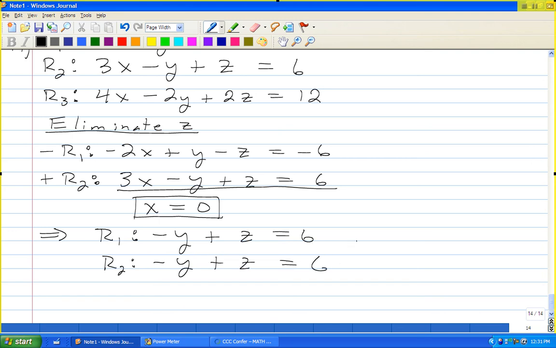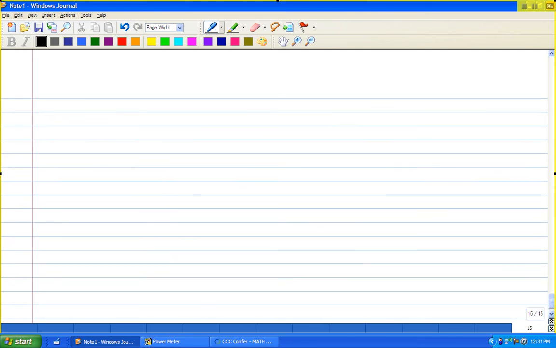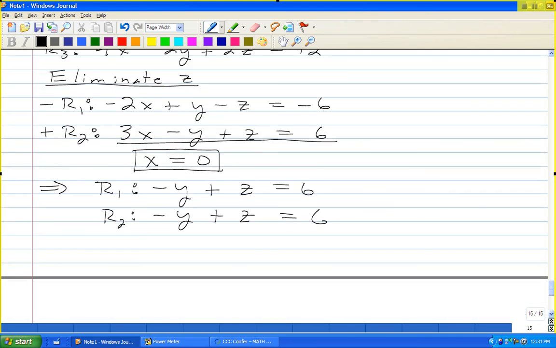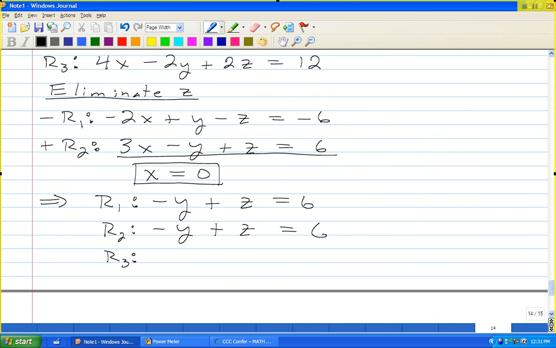These are the same equations. And then let's look at R3, which is equal to 0x, so 4 times 0 is 0, minus 2y plus 2z equals 12.